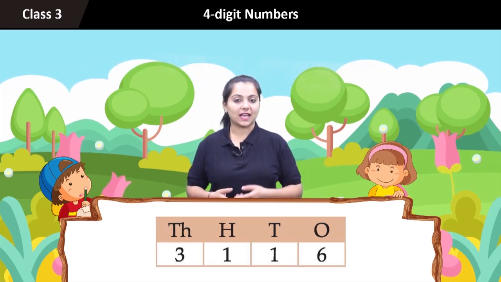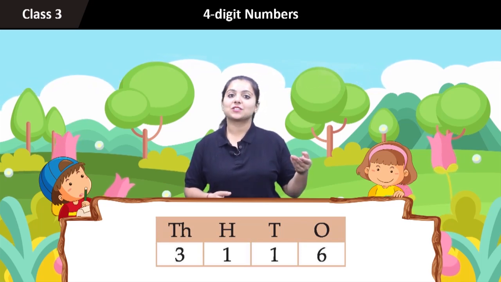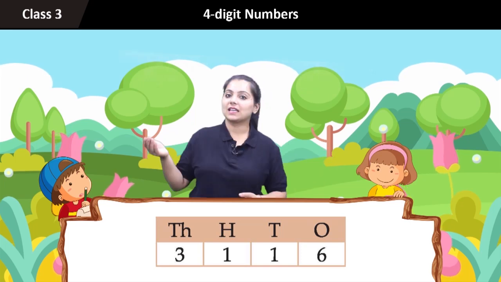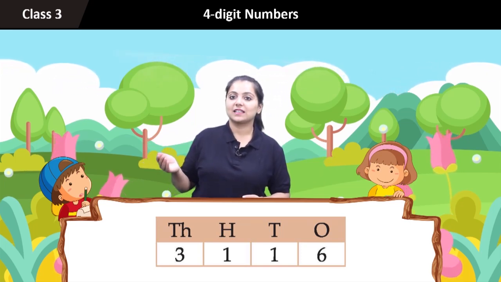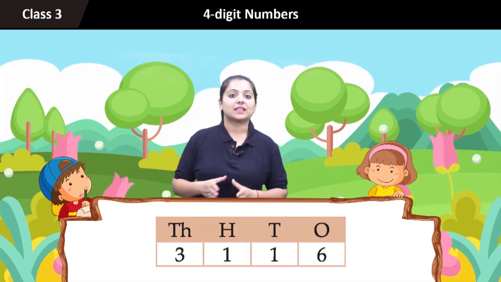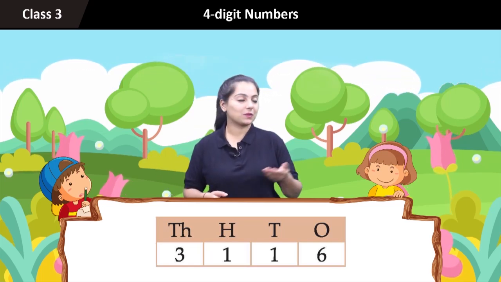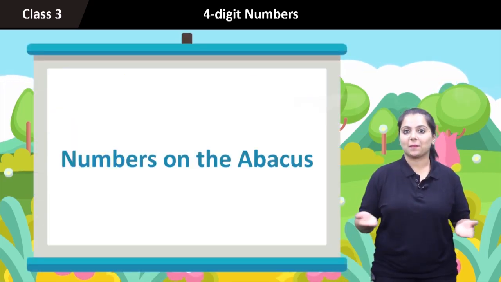This can be written as 3116. 6 at ones place, 1 at tens place, 1 at hundreds place and 3 at thousands place. Number name for 3116 is 3116.